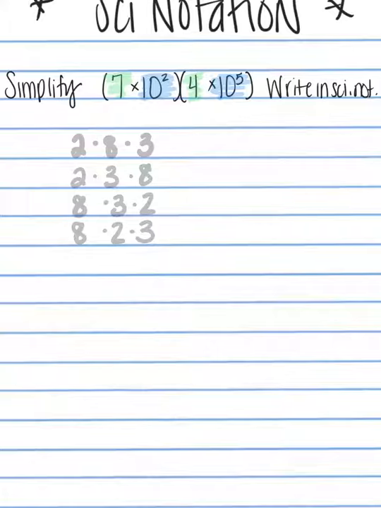The order doesn't matter. So let's think of moving these around where I get my constants over here, 7 times 4. All right, I've got these terms. Always cross out the terms that you're using. And then I've got this 10 squared times 10 to the 5th.